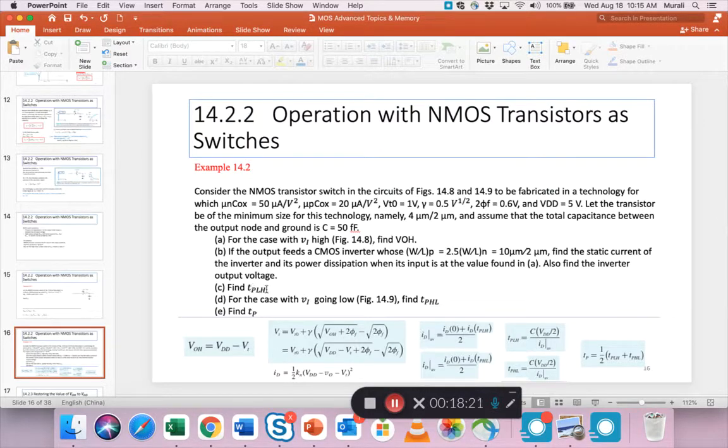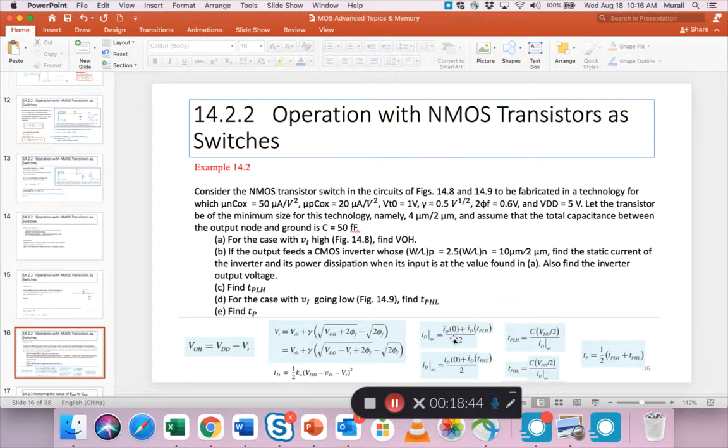Part C, to find the time where TPLH actually happens. That means where the output voltage reaches half of the VDD, right? So to do that, like I told you, you have to use these formulas, right? To do this formula, you have to find these two currents, take the average.